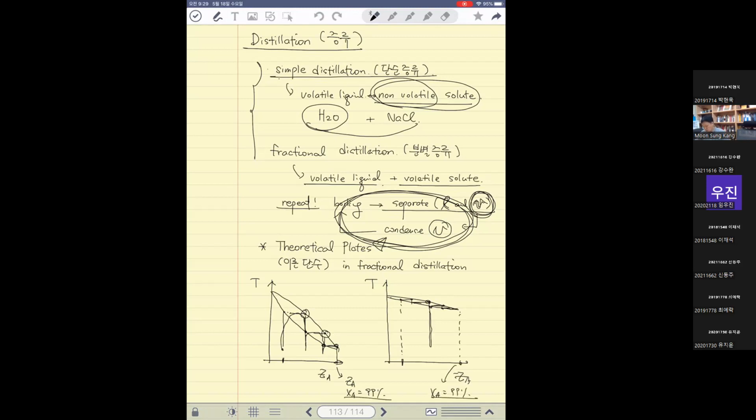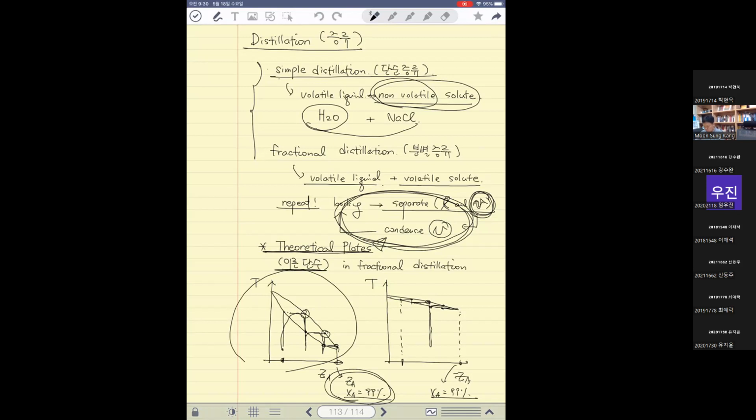The theoretical plates basically explains the number of cycles that is needed to obtain the desired composition. Let's say in this case I wanted to obtain 99% of A in the mixture, and I start from here.